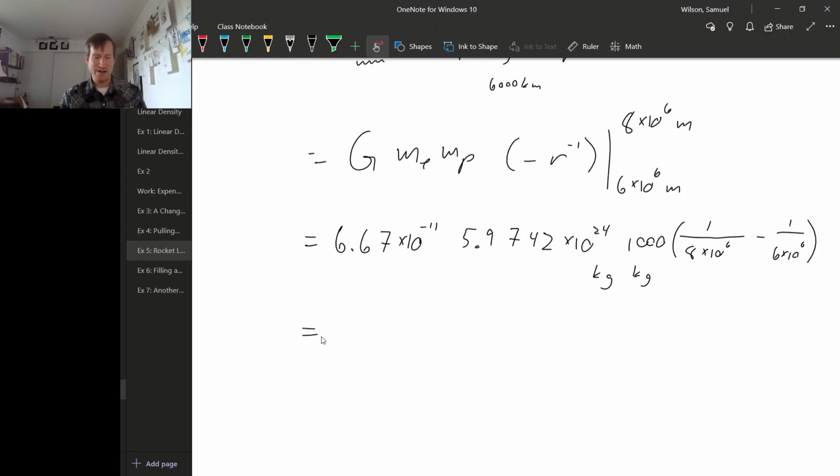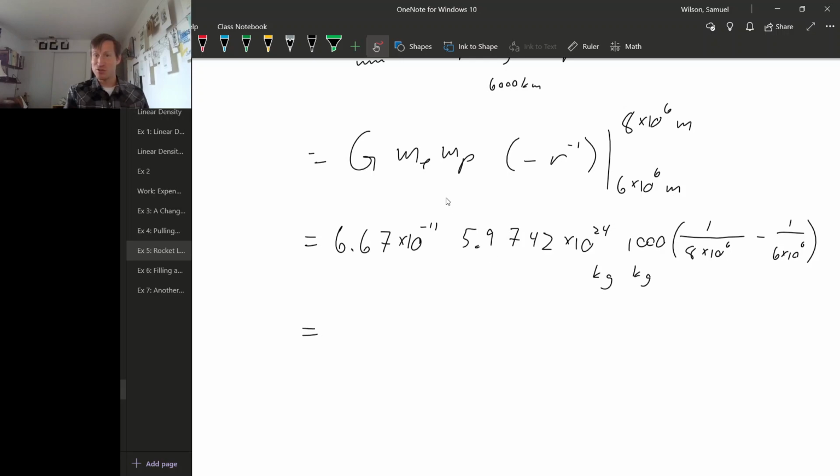So all of that times the mass of the payload, 1,000, times the mass of the Earth, which is 5.9742 times 10 to the 24th, times the universal gravitational constant, which is 6.67 times 10 to the negative 11th.